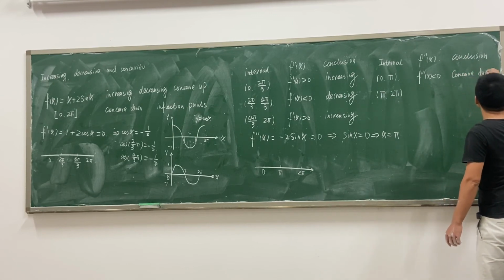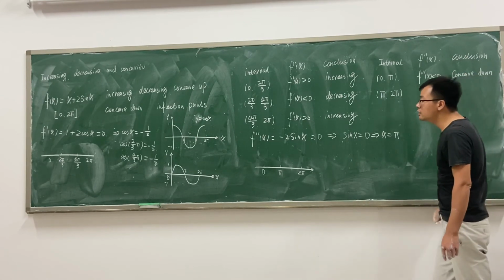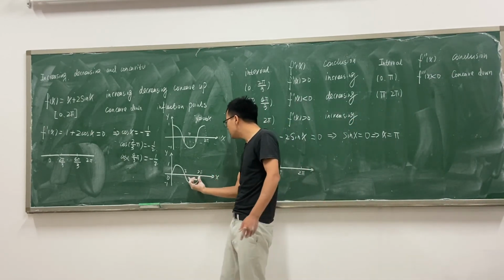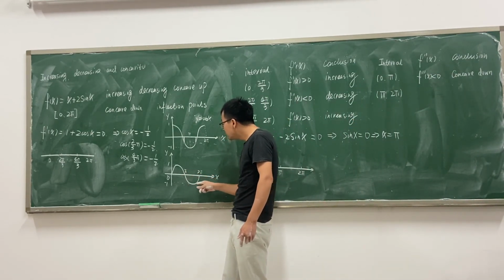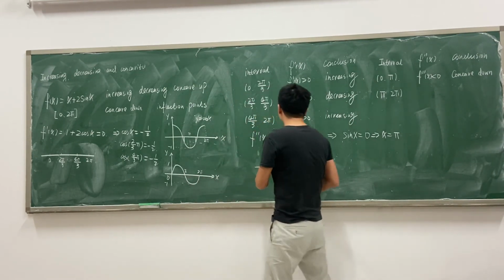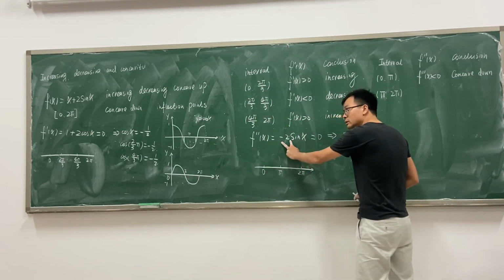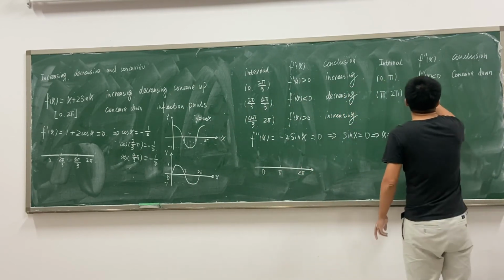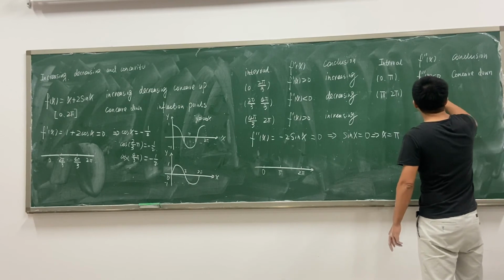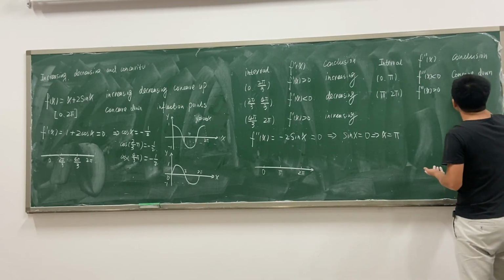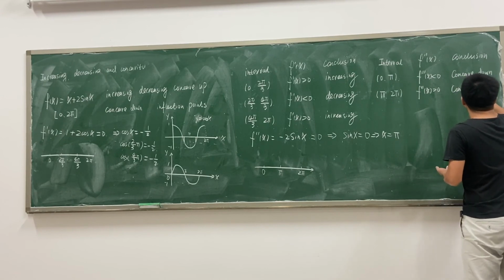And in the interval pi to 2 pi, sin x is negative. Minus 2 times a negative is positive, greater than 0. So of course it's concave up.